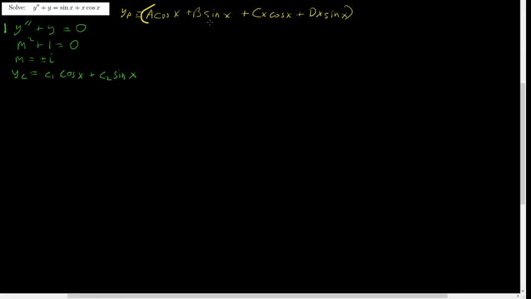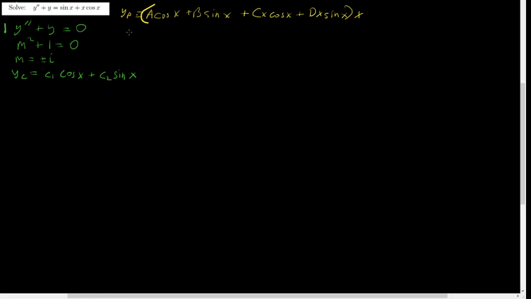In this case, I think if we multiply all this by x, then that eliminates the duplication. Does that sort of make sense here? Right, because here we're going to get cx squared cosine x. Here we're going to get ax cosine x. But we don't have a term with just cosine x anymore. So that should do it.